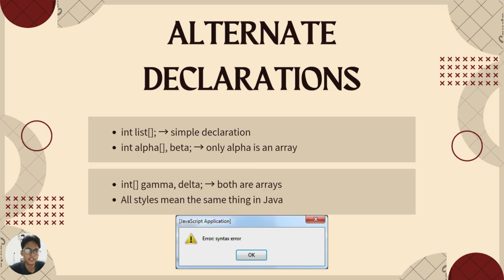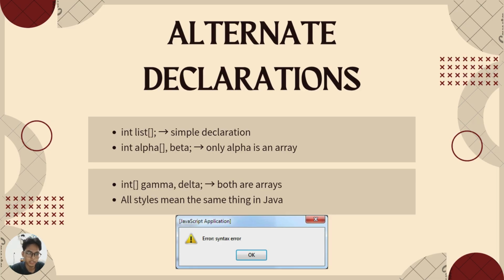There are also alternate declarations for arrays, such as int list[]. This means a simple declaration. But if there is more than one declaration, for example, int alpha[], beta; then only alpha is an array.